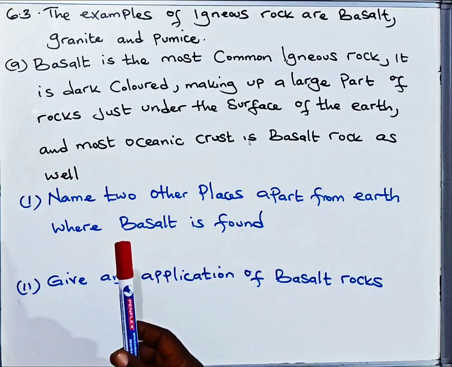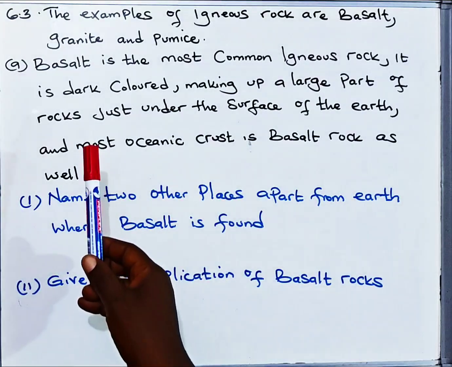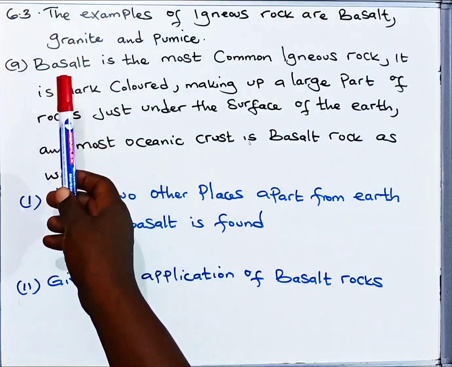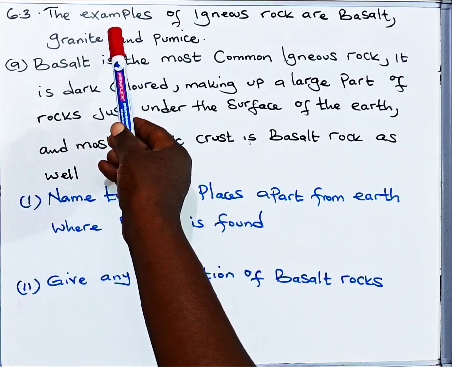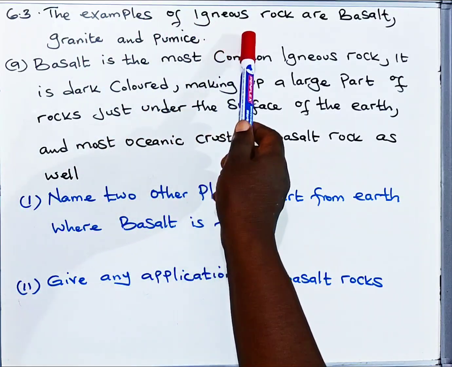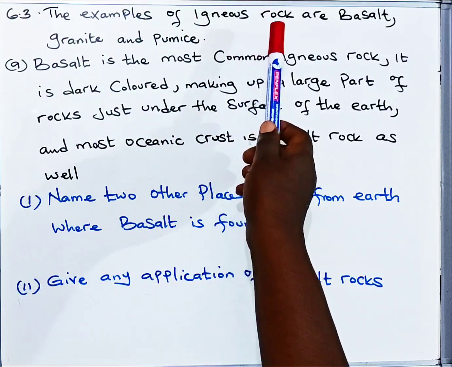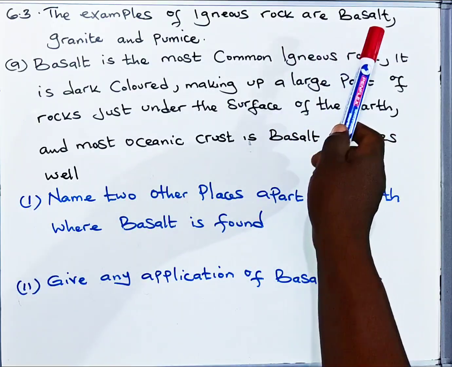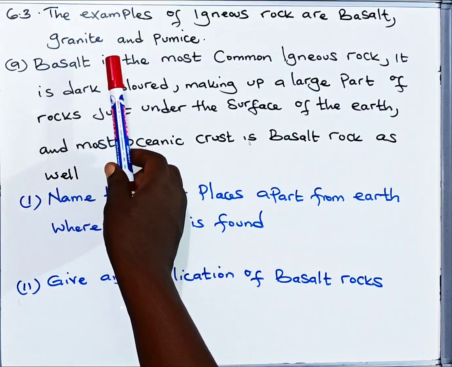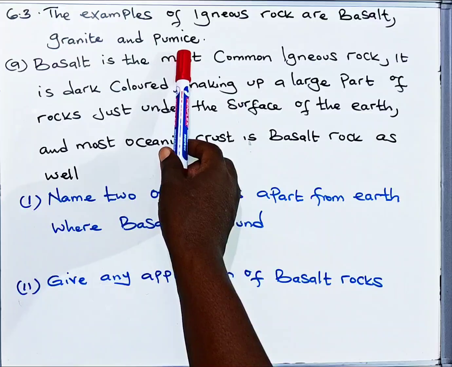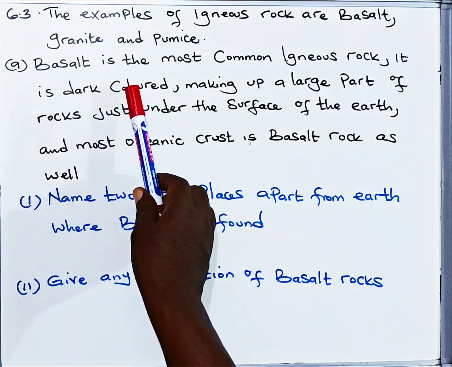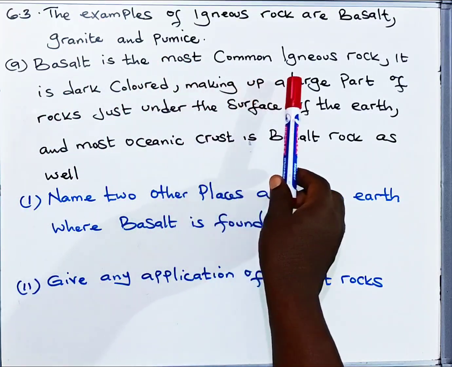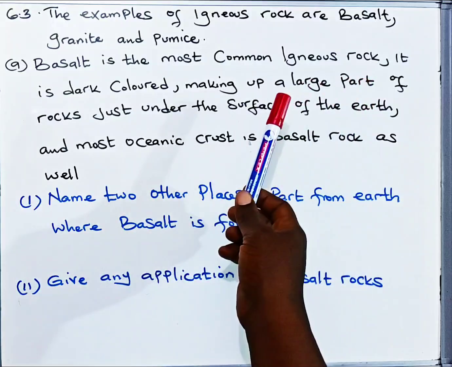Then we come to this case. It says the examples of igneous rock are basalt, granite, and pumice. Basalt is the most common igneous rock.